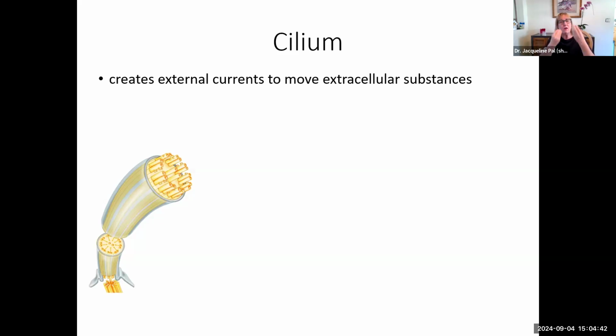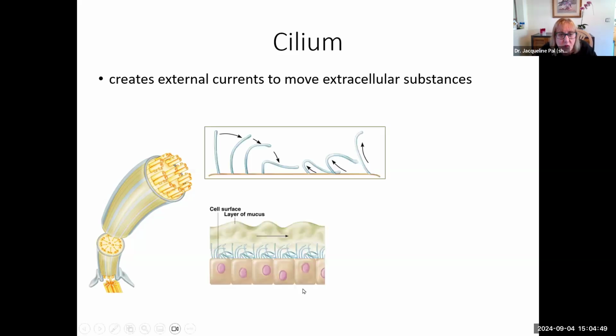So if it's air, it's an air current they're making. In lots of places in your body we can have mucus, in which case they are going to create movement of that mucus along. So for instance, at night when you were sleeping, I don't know if you realize this, but your nose and your airways, those cells are coated with this mucousy substance, and all night long, your cilia are there creating these currents.